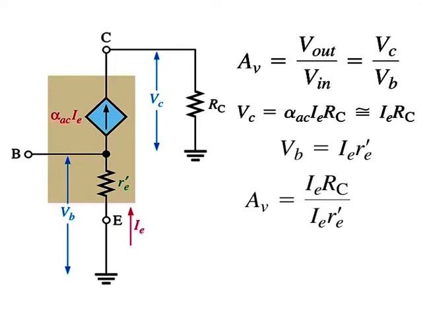The Ie terms cancel, so we get the expression for gain, where Av is equal to Rc over r'e. But this equation is the voltage gain from base to collector. To get the overall gain of the amplifier from the source voltage to collector, the attenuation of the input circuit must be included.